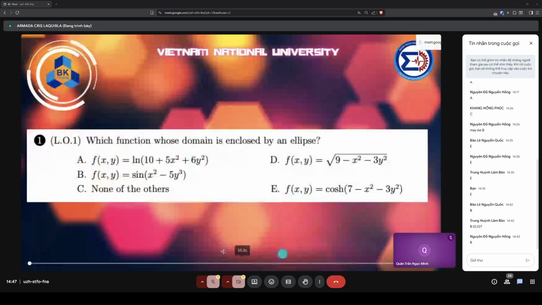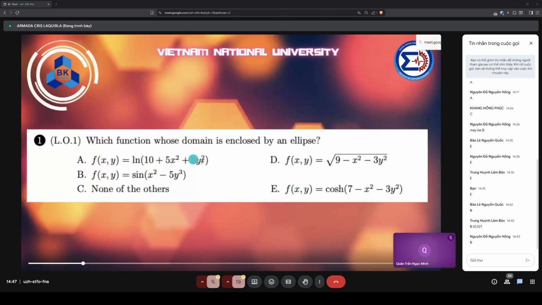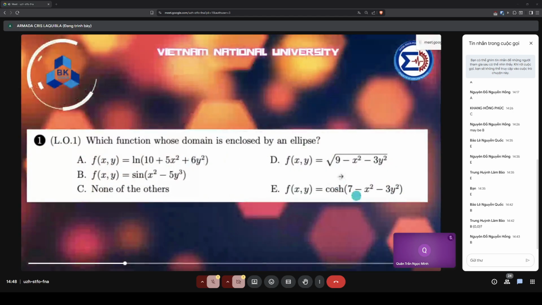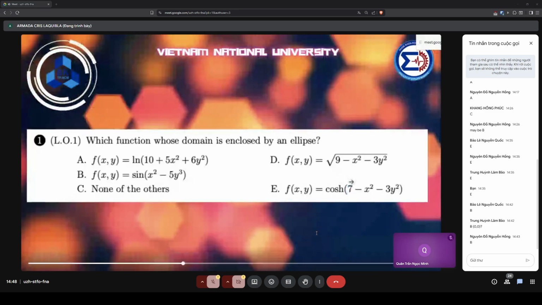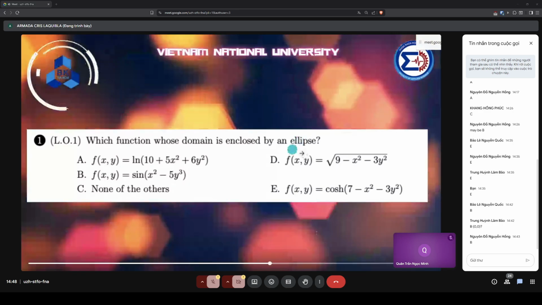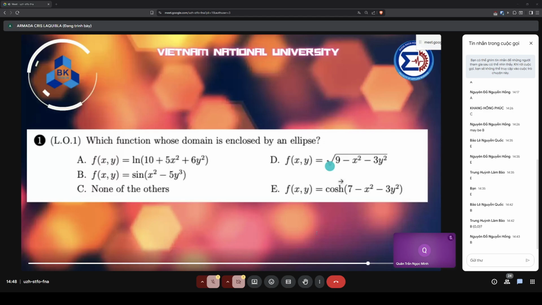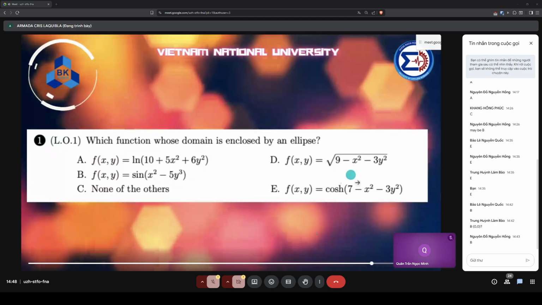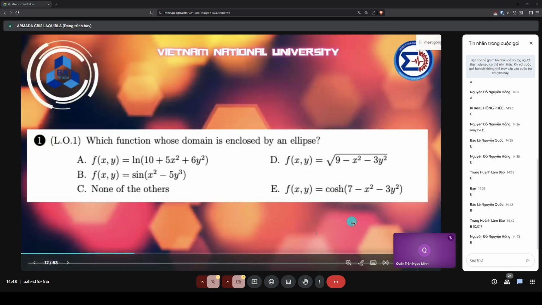Next question. Which function whose domain is enclosed by an ellipse? So an ellipse, class, looks like an oval. Yeah, it's similar to an oval shape. So you can graph the four functions there in your Desmos graphing calculator, and please determine which of these four functions are enclosed by an ellipse.